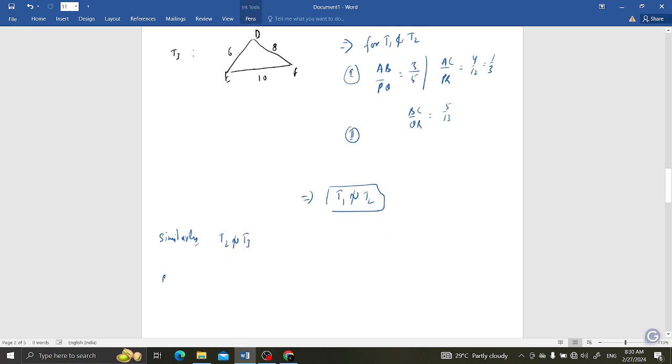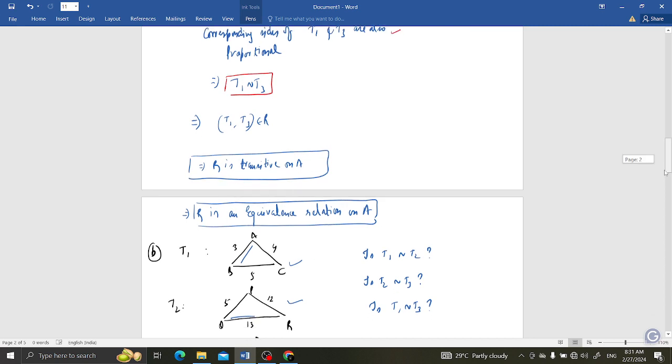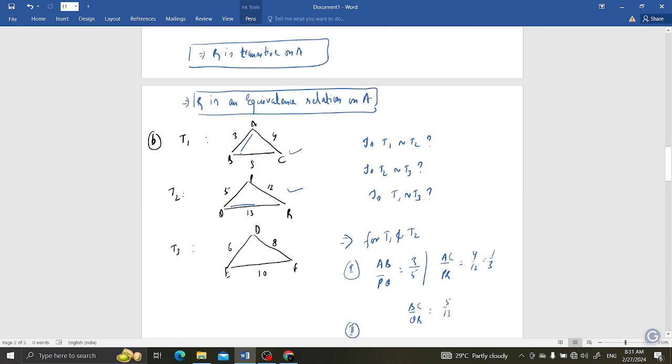but now I'll show you something. For T1 and T3, observe that. If I'm taking AB upon DE, that is 3 upon 6, AC upon DF, that is 4 upon 8, and BC upon EF, that is 5 upon 10.